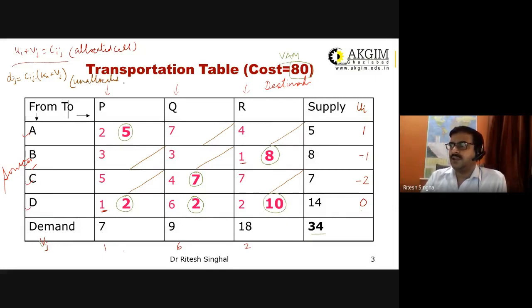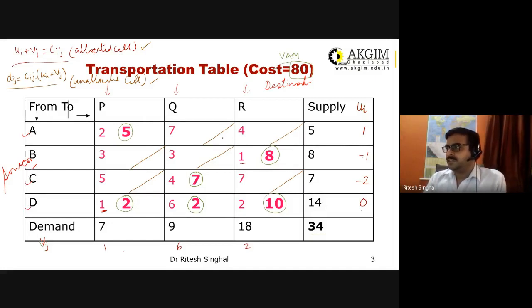Mind it, UI plus Vj equals cost is for allocated cells, and this opportunity is calculated for each unallocated cell, which is not being used earlier. These cells are not used in the solution earlier, so that is why we have to check the opportunity. So now we calculate Dij using this particular method.